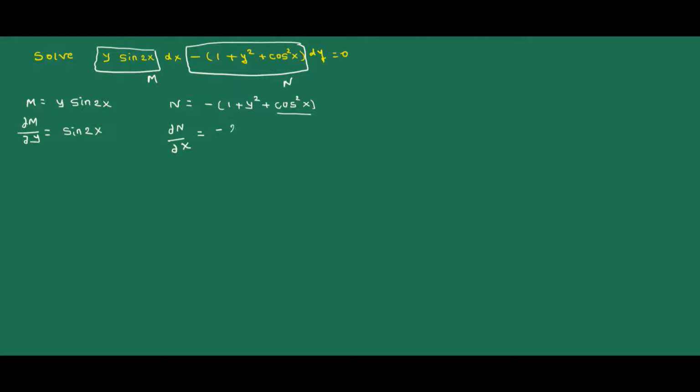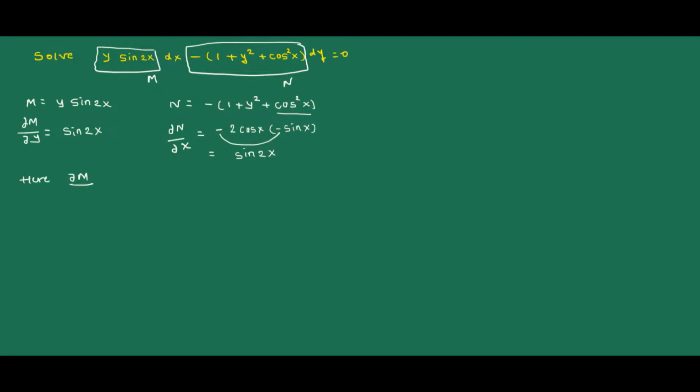It is 2 cos x into differentiation of cos x, which is minus sine x, and minus into minus becomes plus. You will get 2 cos x sine x, which we can also write as sine 2x.